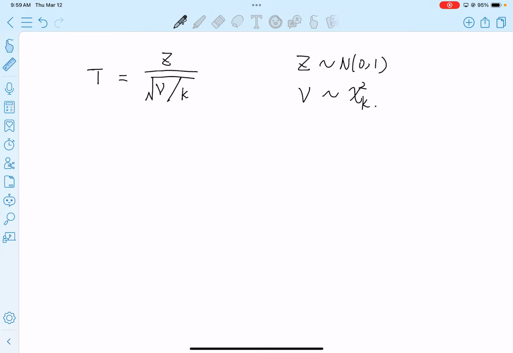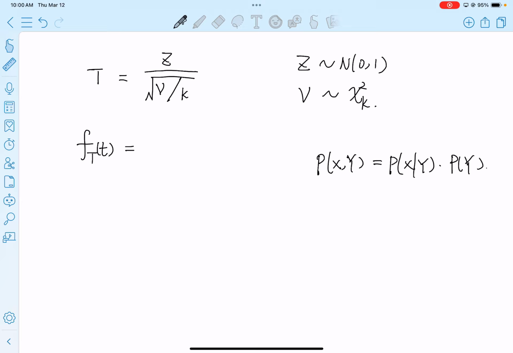Our goal by the end of the lecture is to find the marginal distribution of T. In order to obtain this probability density function, we will need to use the method of transformation to get the joint, and then I'm going to show you another trick to marginalize out the other random variables to get a marginal. If you still recall the lecture from two weeks ago, we have the conditional multiplied by the marginal.